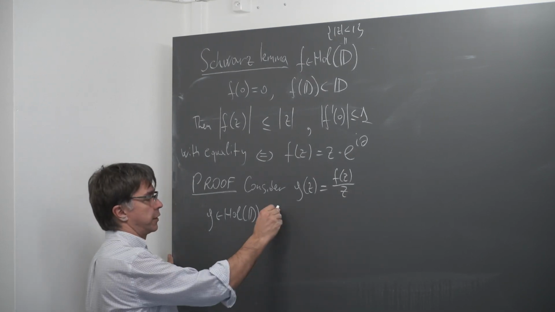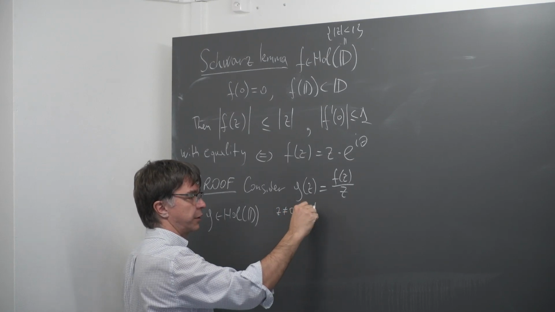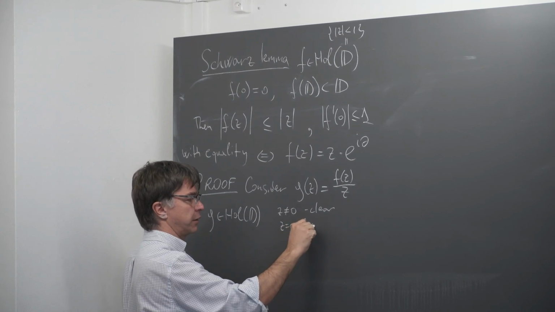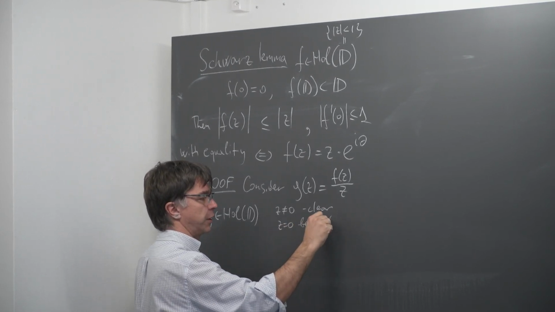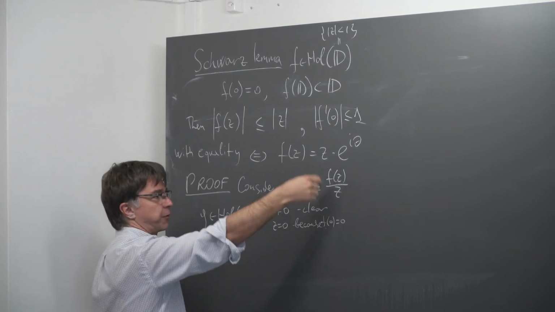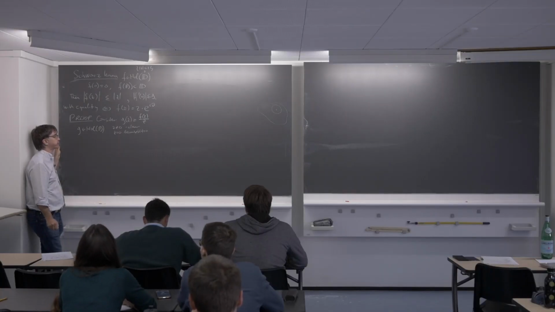So for z not 0, it's clear. For z equals 0, it's because f of 0 is equal to 0. So we can factor out, the zeros cancel out, so you get an analytic function.